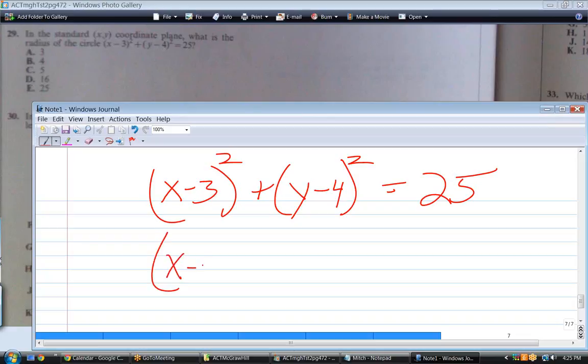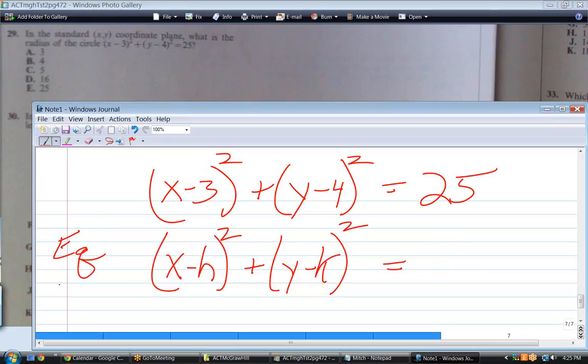Let's write it out. X minus h squared, where h is the x-coordinate of the center. Y minus k squared, where k is the y-coordinate of the center. What goes over here? Does that jog your memory a little bit? This is the equation of a circle from conic sections.